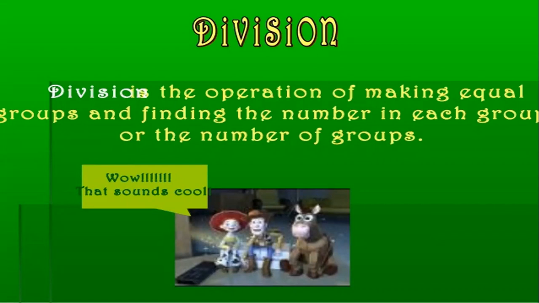So division is an operation of making equal groups and finding the number in each group or the number of groups. So we want to find out how much quantity each one of them is going to have, or how many groups there will be if the quantity is divided equally between them.